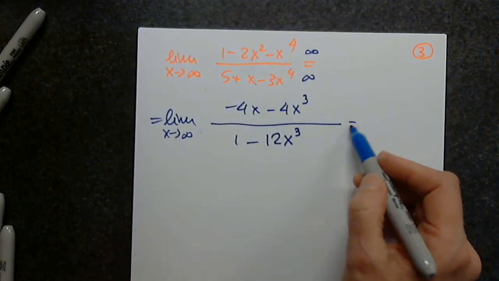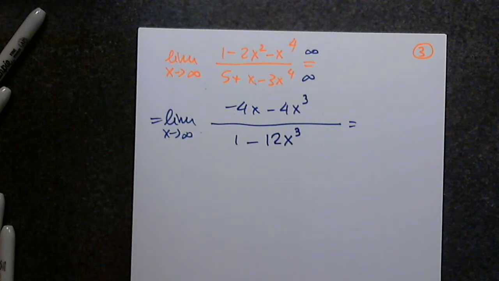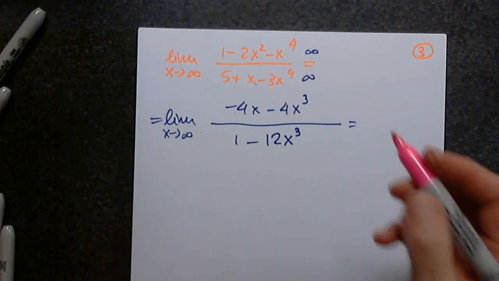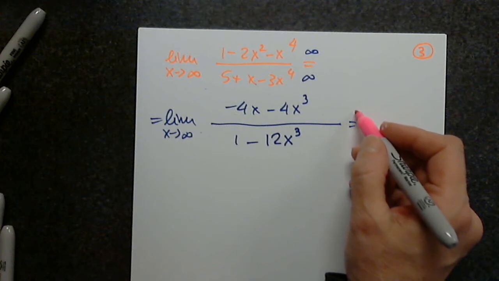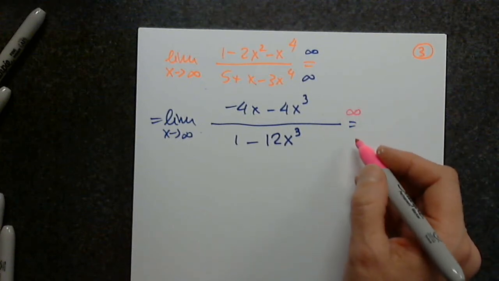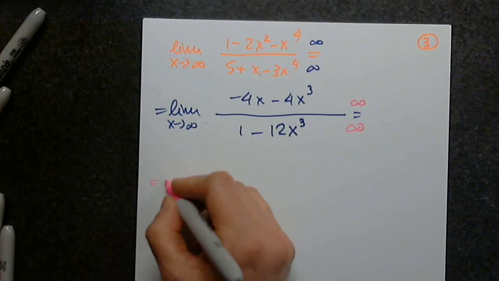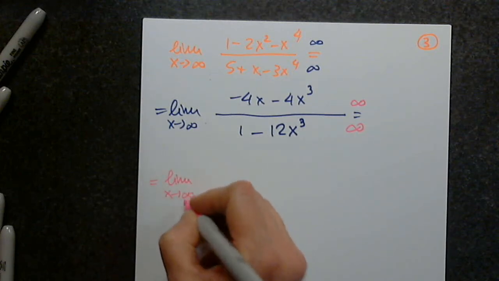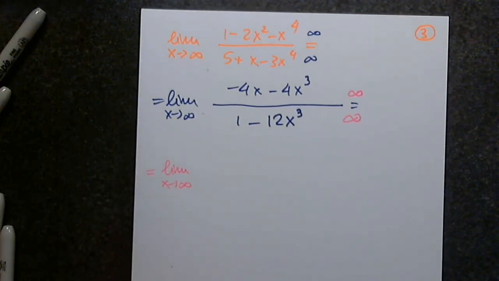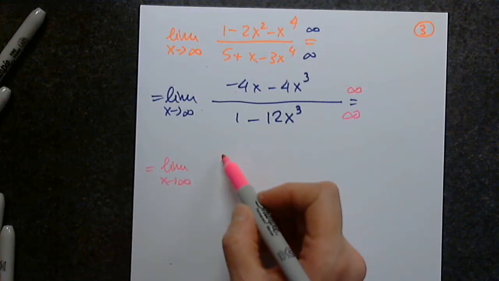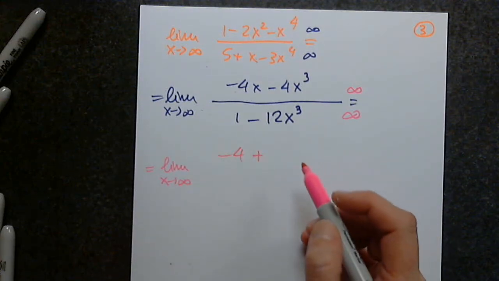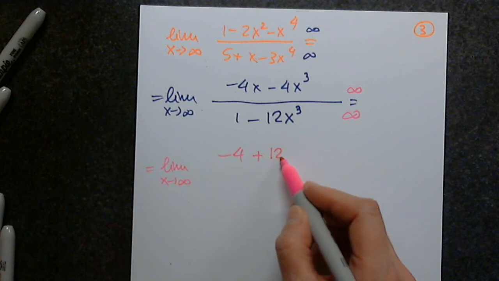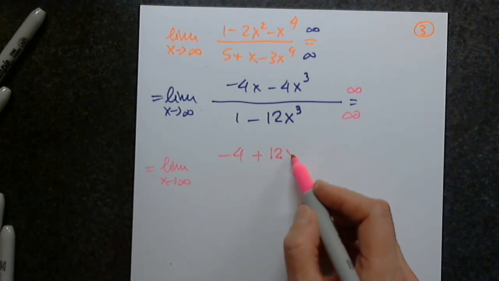Excellent. Now please tell me what this is. Where does the numerator go? The denominator. I can apply the same rule again. Limit as x approaches infinity. Plus 12x.